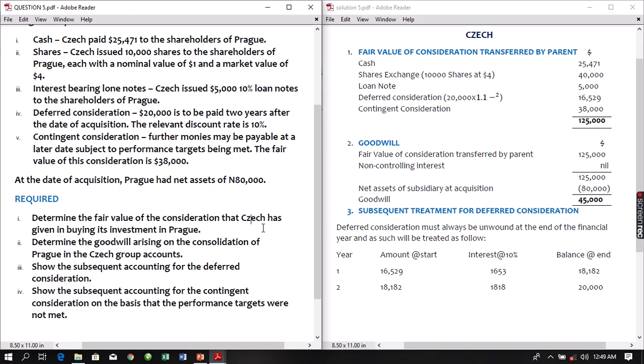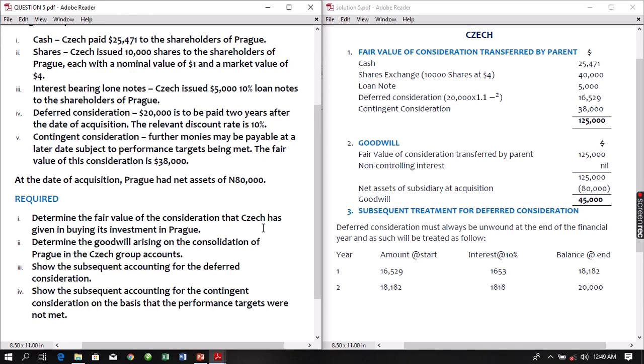So that liability we recognized initially has to be reclassified back as our income. And in your statement of financial position, which account is representing income? It is your retained earnings. So what do I do? I will credit my retained earnings and I will debit my contingent consideration, making contingent consideration to be 0.